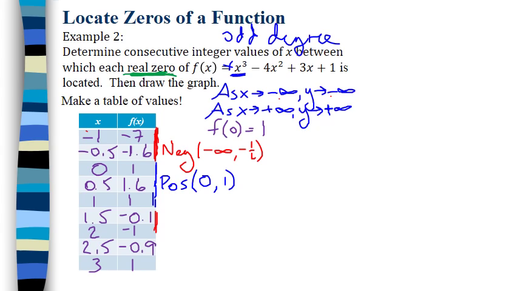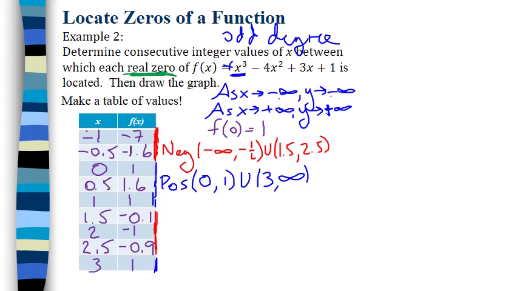Okay, so it looks like when our x values go up to 2.5, our y values are negative, and then at 3 we're positive. So that means we're negative again from 1.5 to 2.5, and then we're positive from 3, and then it would go off to infinity because our graph is going to go off to infinity as x goes out to infinity.